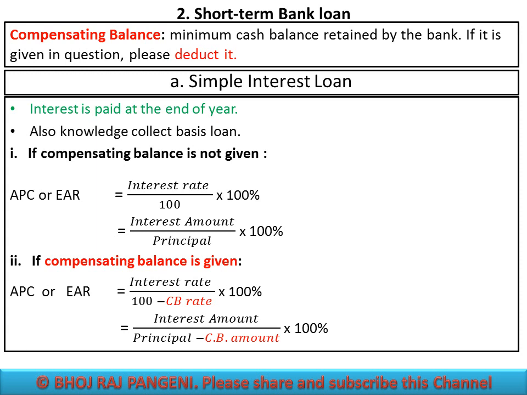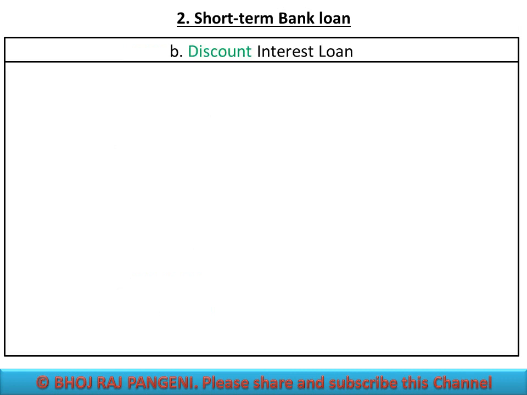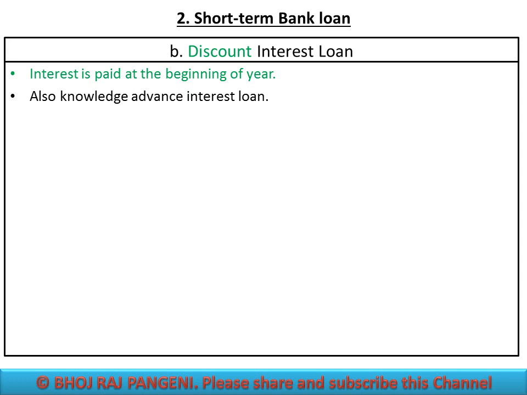This is all about the simple interest loan under the short term bank loan. And B1 is the discount interest loan. Discount means interest is paid at the beginning of the year, also known as the advance interest loan.